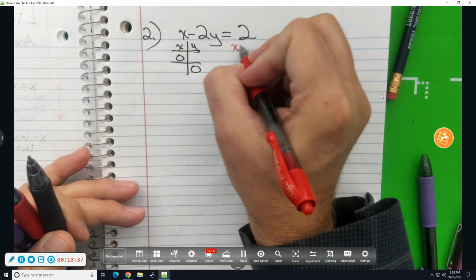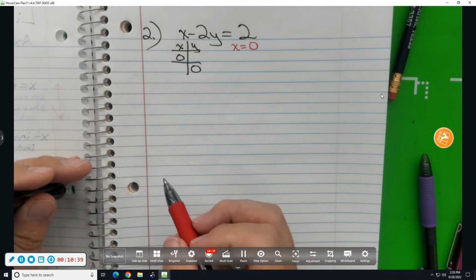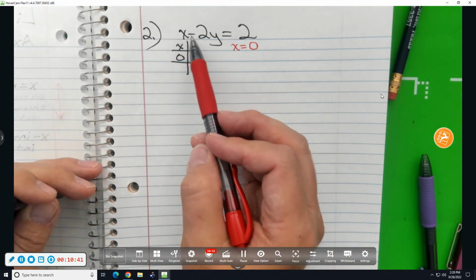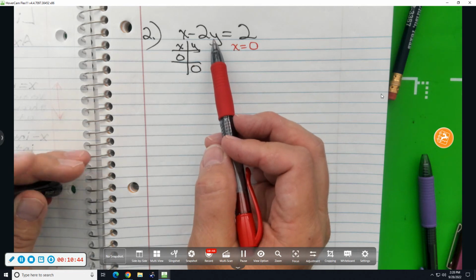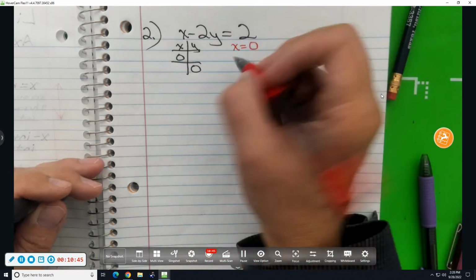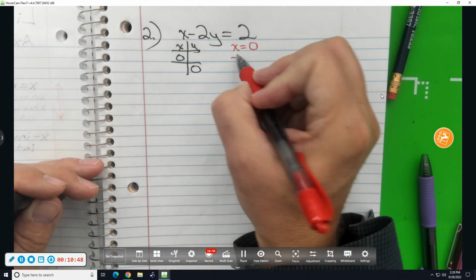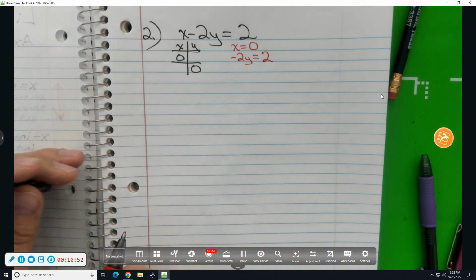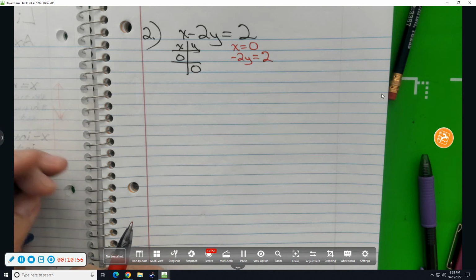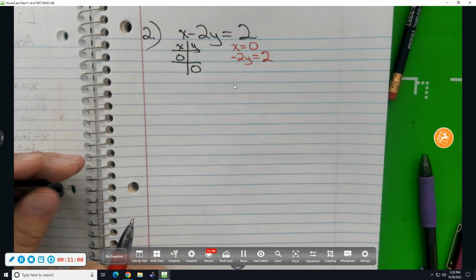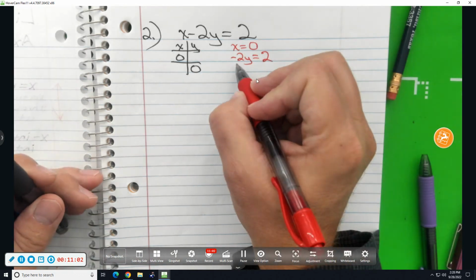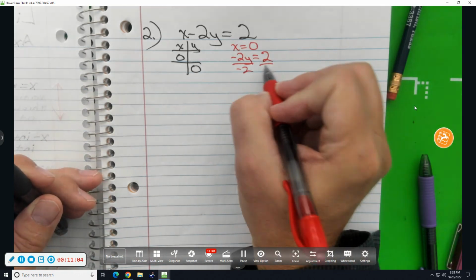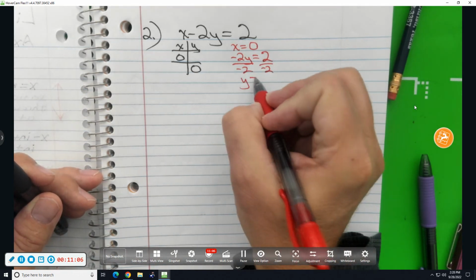We get 0 minus 2 times y, so that becomes negative 2y equals 2. What does y equal in this case? What do we do to isolate the y? Divide both sides by negative 2.